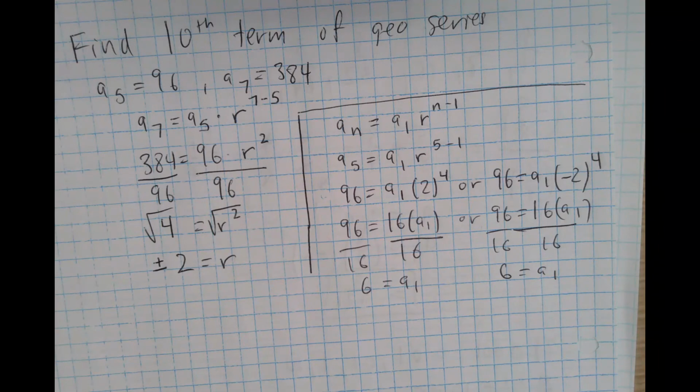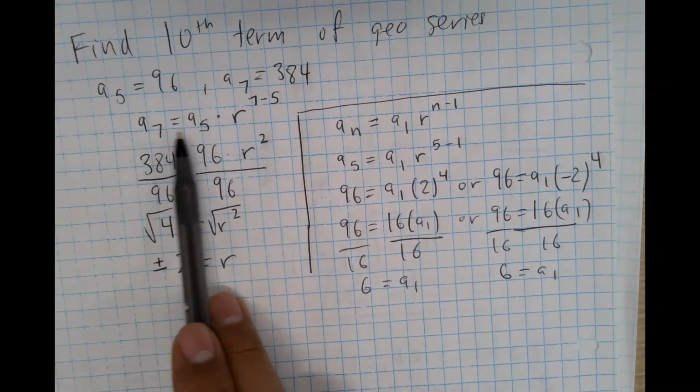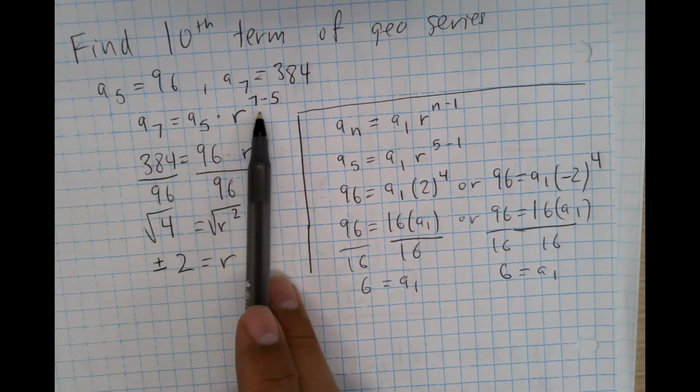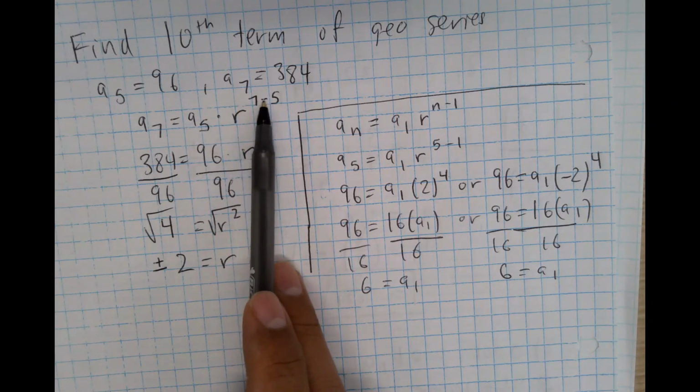Does anyone have any questions at this point? So just to recap, the first thing that we did is we solved for r by solving this way, where we plug in the different values. You can see that for n, we plugged in our farthest value, and then we subtracted it by our closest one.